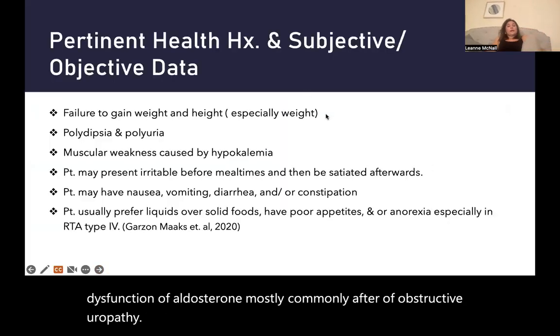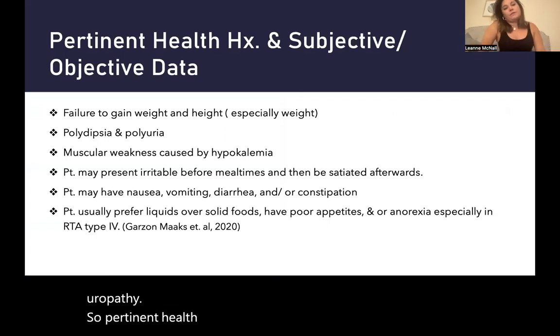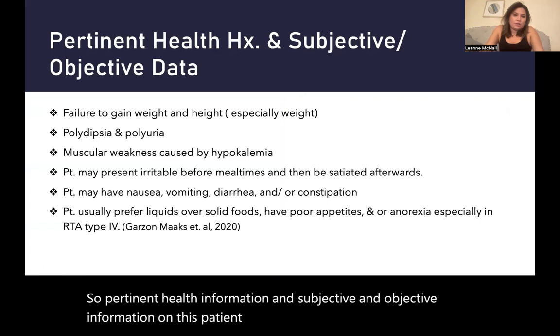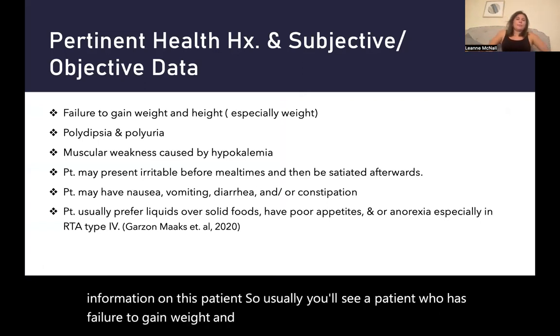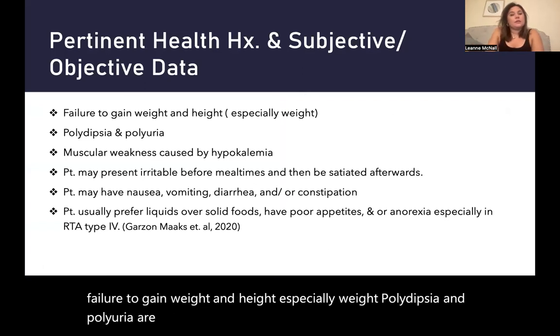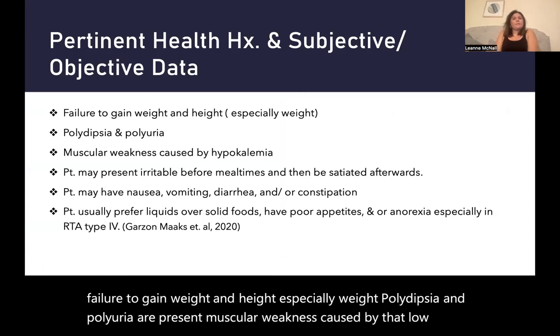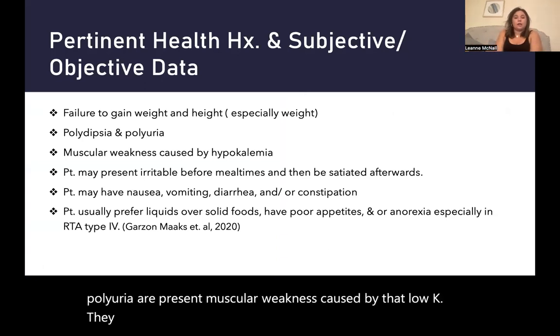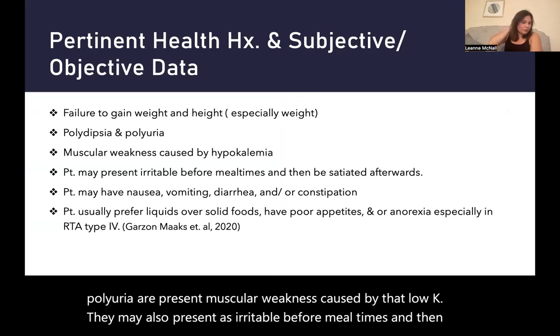Okay, so pertinent health information and subjective and objective information on this patient. Usually you'll see a patient who has failure to gain weight and height, especially weight. Polydipsia and polyuria are present. Muscular weakness caused by low K. They may also present as irritable before meal times and then satiated right afterwards.